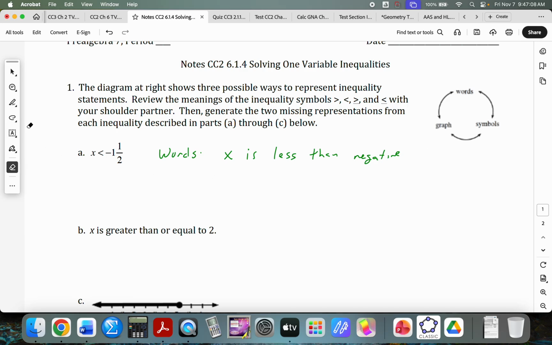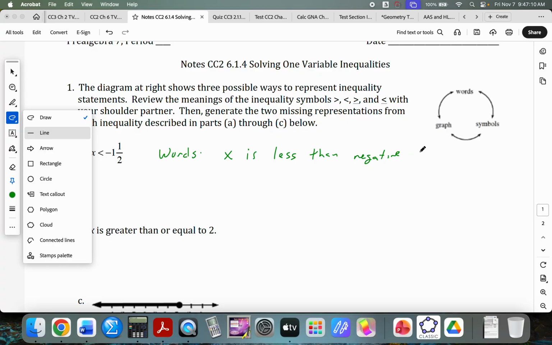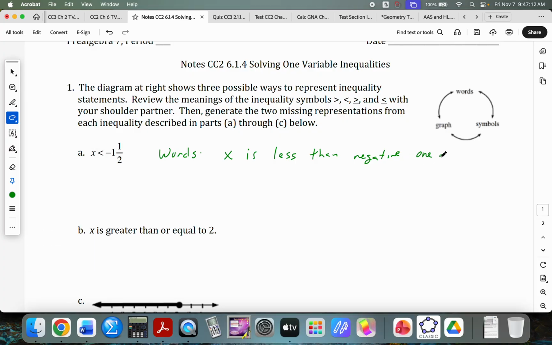Oh, let's do that. On a graph, that might look something like this.